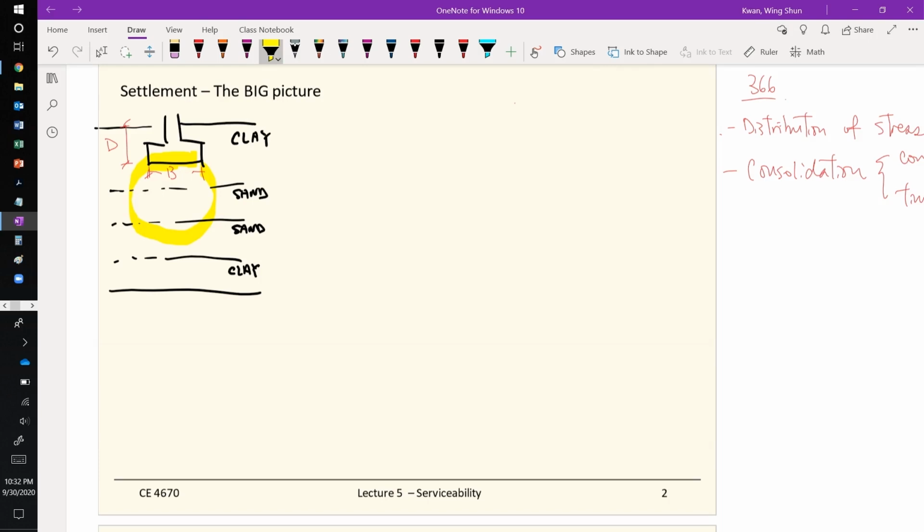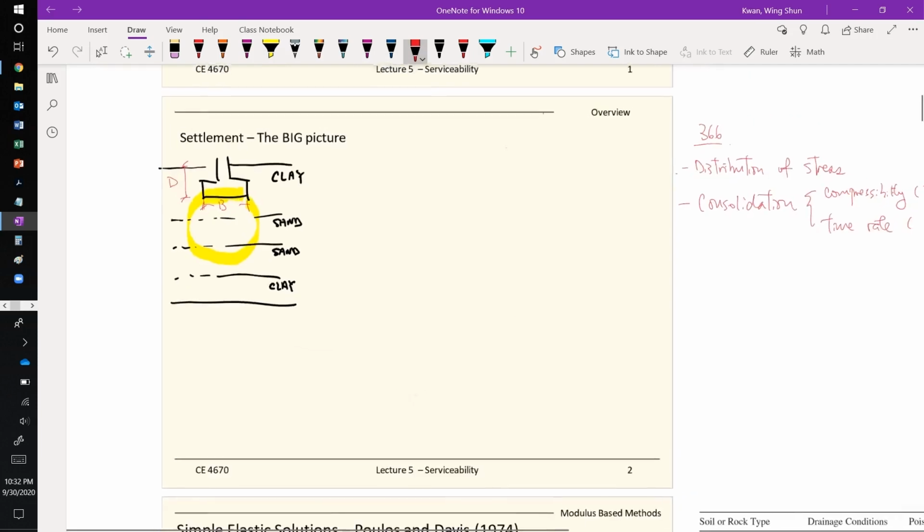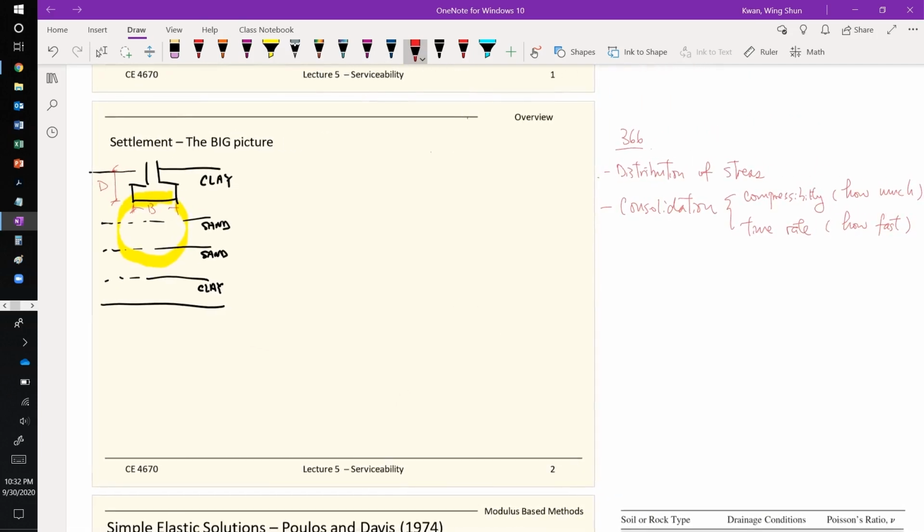Terzaghi has a guideline, a reference, that this zone of influence is 4 times the width of the foundations.